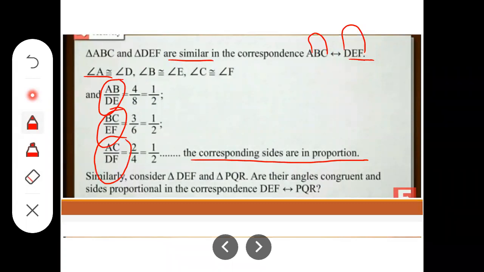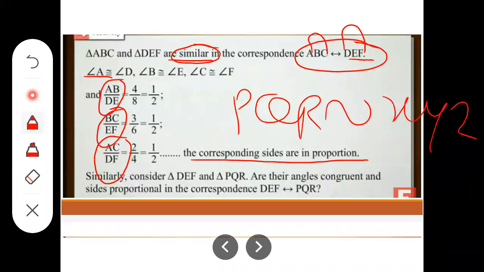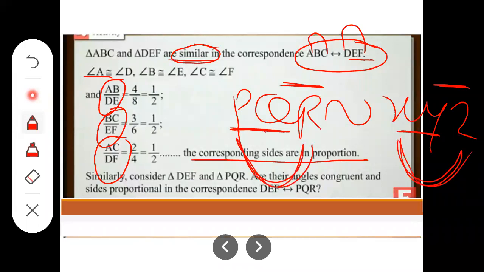Like that, you can write the side proportionality ratio if two triangles which are similar to each other are given to you. If the condition is given, triangle PQR is similar to triangle XYZ, then how will you write the side proportionality ratio? PQ by XY, then QR by YZ, and PR by XZ, like that. Okay.